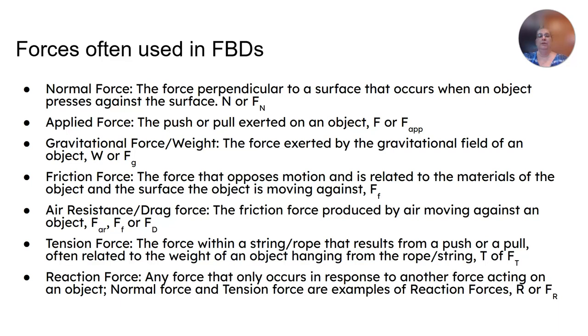All right, so we've got normal force, and I've mentioned that before. If we have a surface like a table, and we put something on that surface, the table is providing a force working upwards to keep that object from falling through the table to the ground.